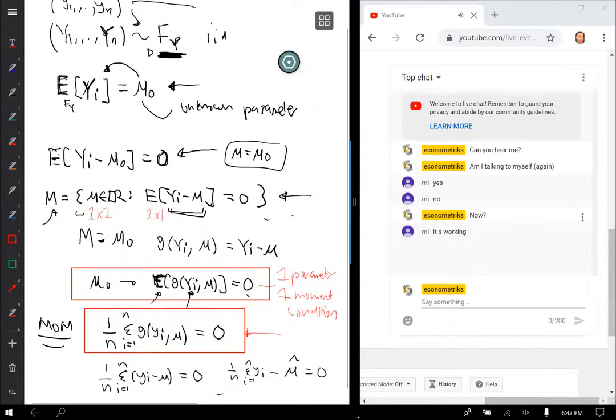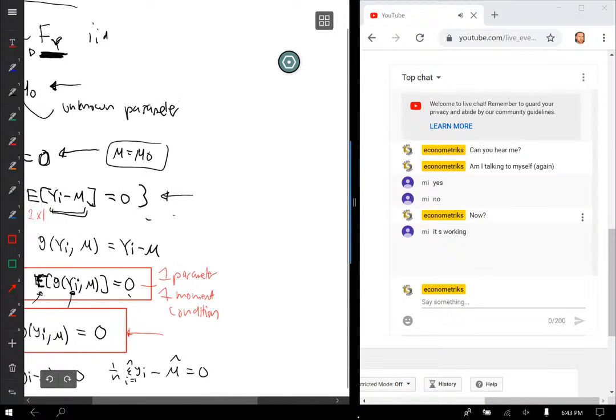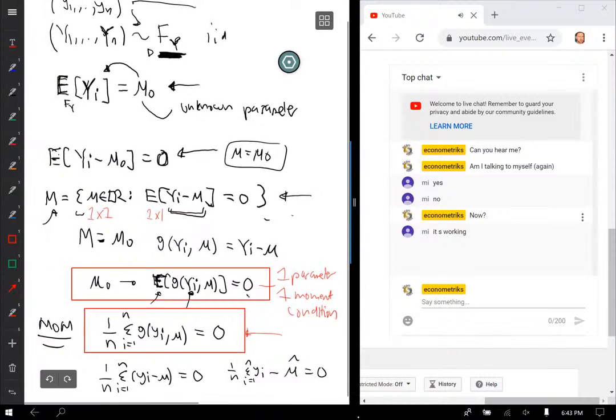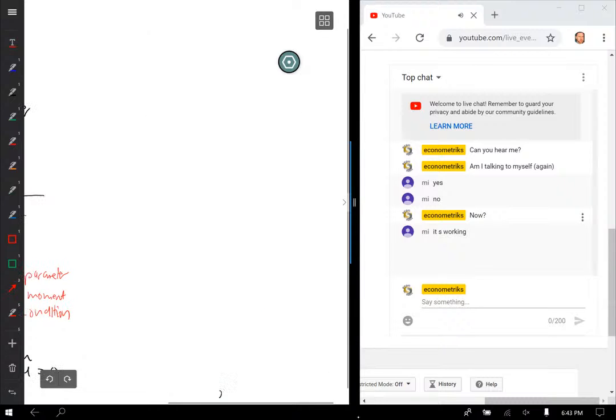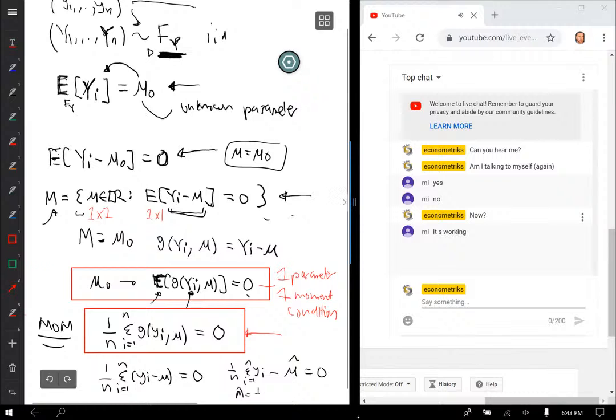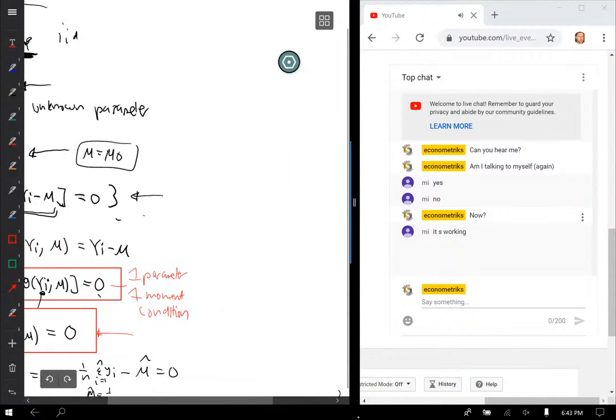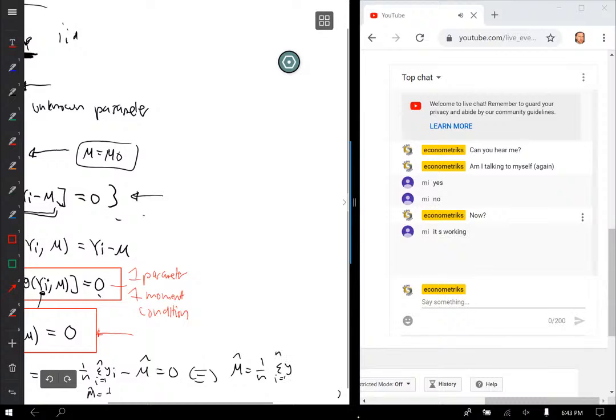So this is kind of a long-winded way, but what we're showing here is that even one of the simplest examples of an estimator works this way. So this implies, simply to solve for mu hat, the method of moments is sigma yi, 1 to n, divided by n.